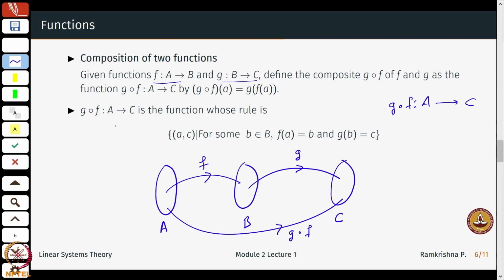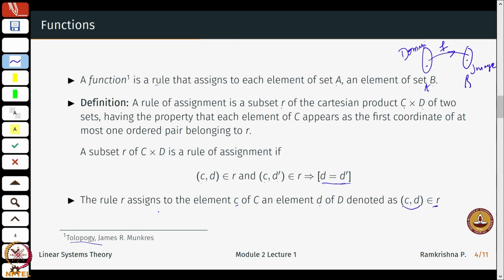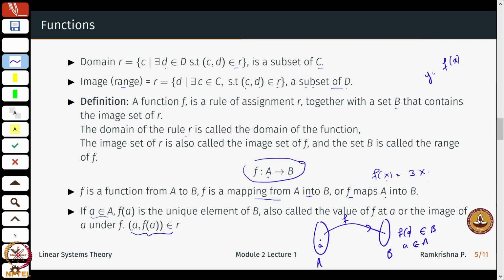So what is the rule now for this? The rule associates a point from A, which is the domain space, to the range space.